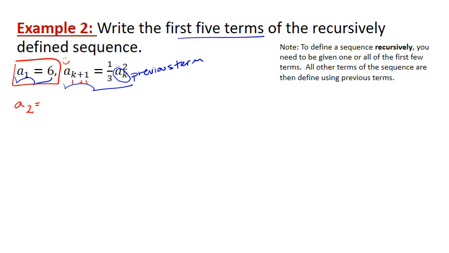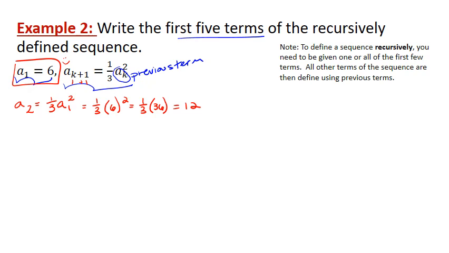So k is 1, which means in our formula, we are interested in 1/3 times a sub 1 squared. And a sub 1 is simply the first term. So this is 1/3 times 6 squared, which is 1/3 of 36, which is 12.